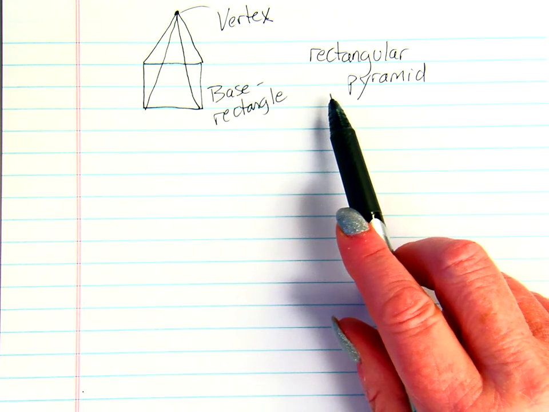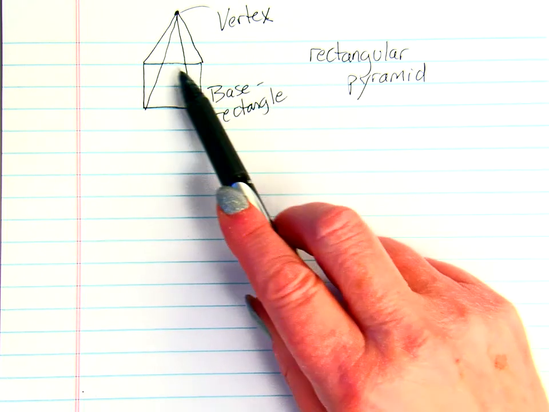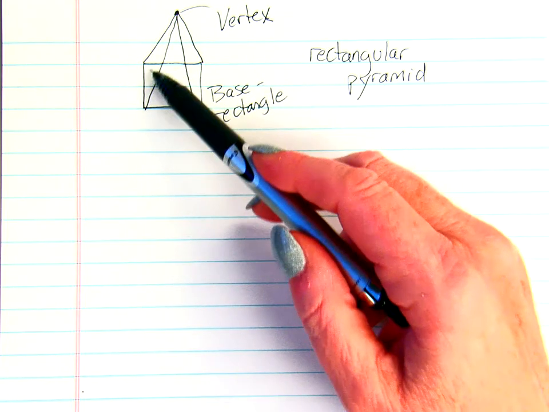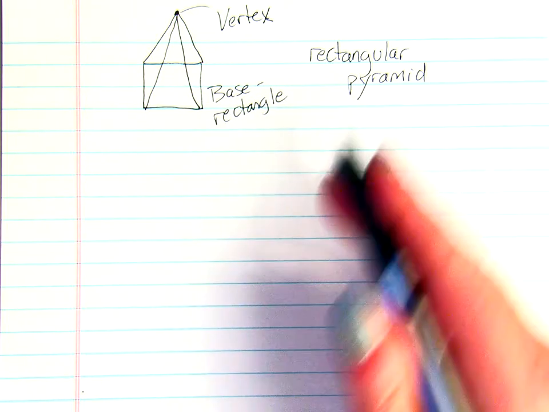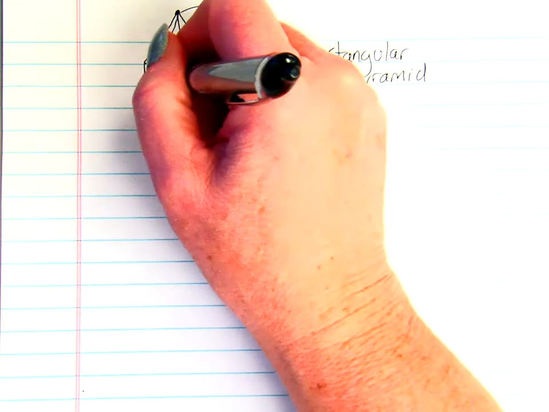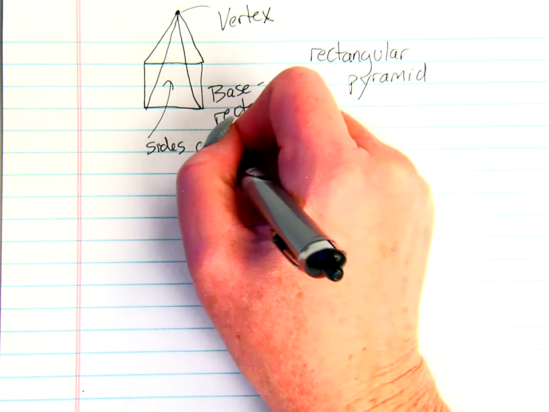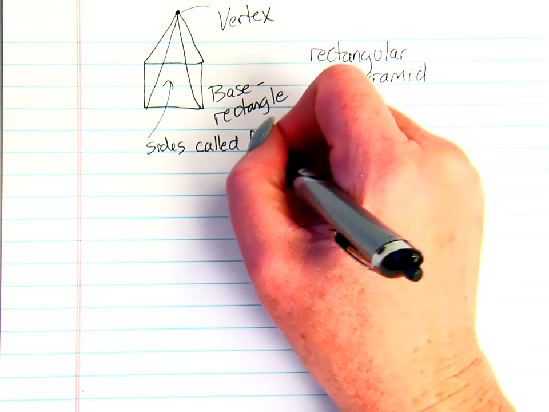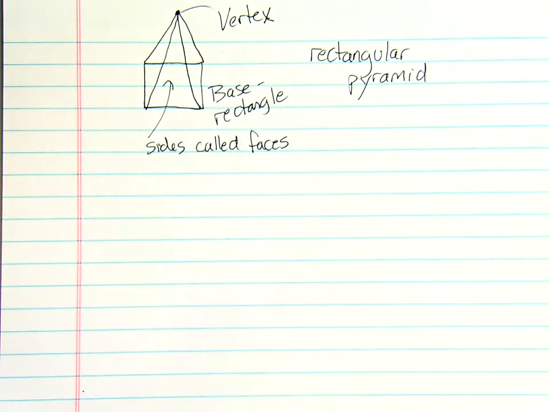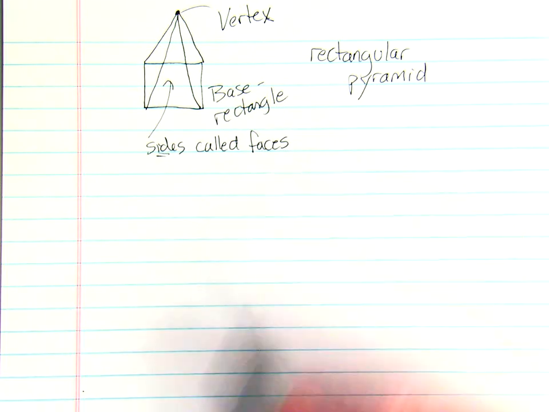But you name it by the base, and the sides are called faces. And this is with all of your shapes. Your prism has bases and faces, and the faces are actually what the sides are called.